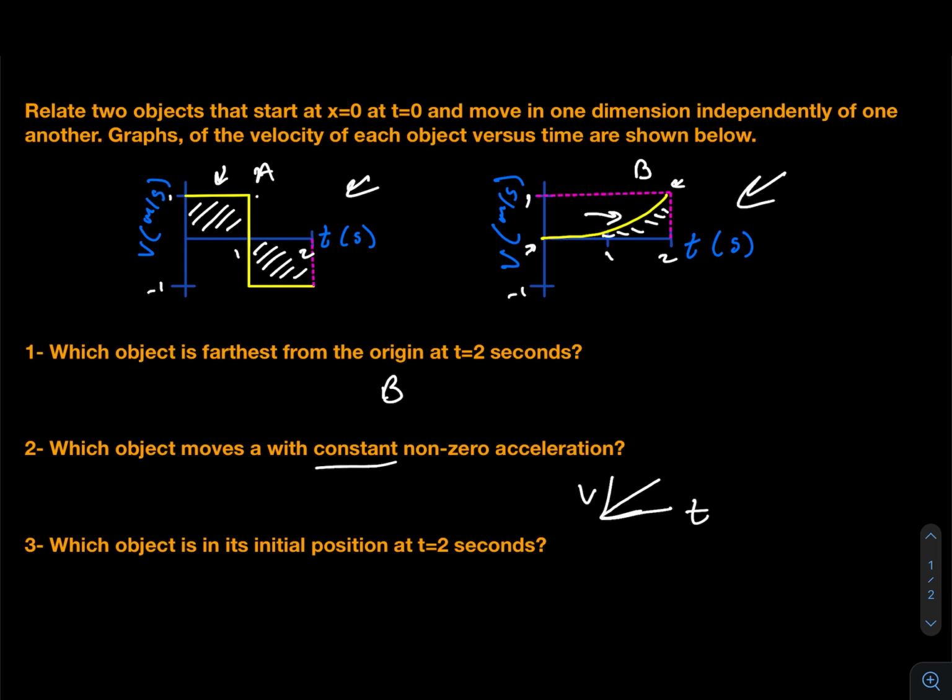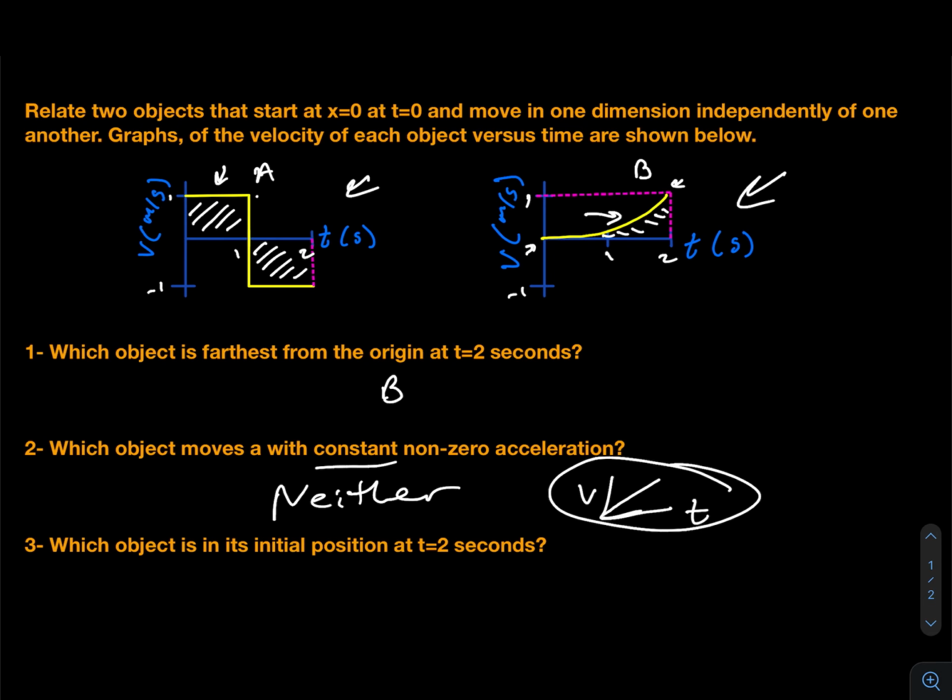The slope is getting steeper and steeper as you go. So the answer is neither of these has a constant non-zero acceleration. It would have to look like this for it to be a constant non-zero acceleration: a steady slope, not a curved slope and not a flat line.